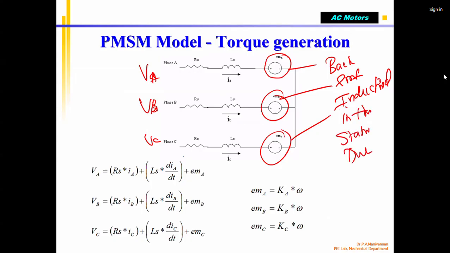That flux will be cut by these coils, and because of that there is a voltage. That is called back EMF.